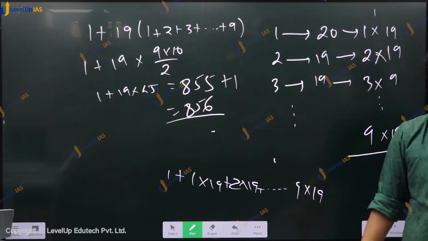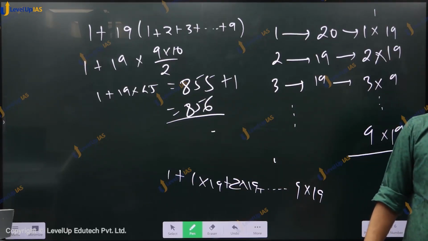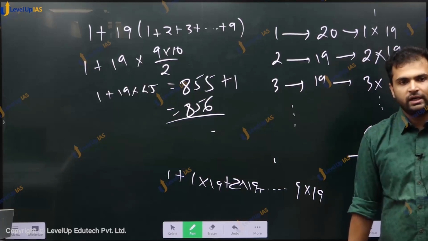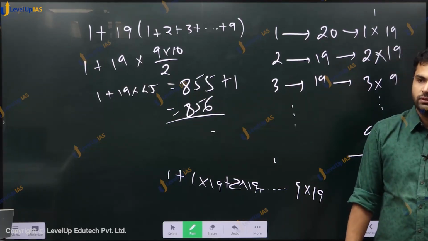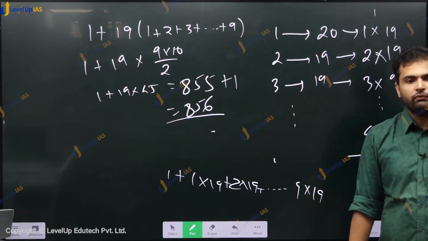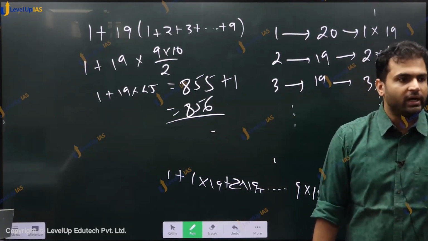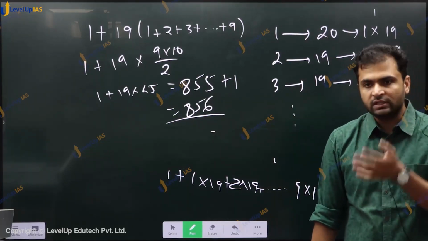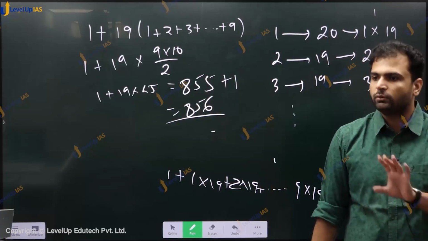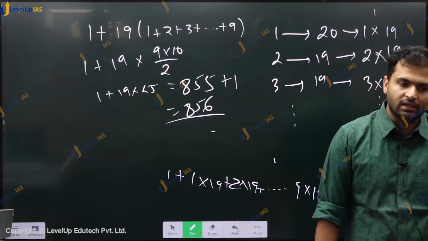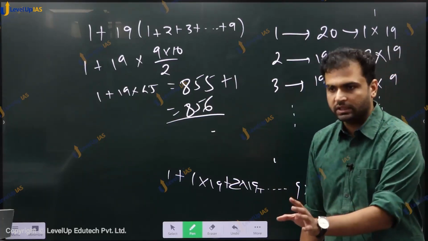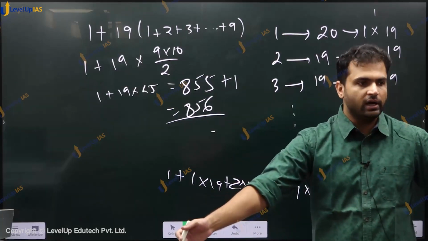Understood? Sure? All we had to do is to understand the question. The question was asking us to find the sum of all the digits. For the question, it did not matter whether a digit is at the tens place or units place. Every digit was the same for this question because it was asking for the sum of all the digits that appear between 10 and 100.